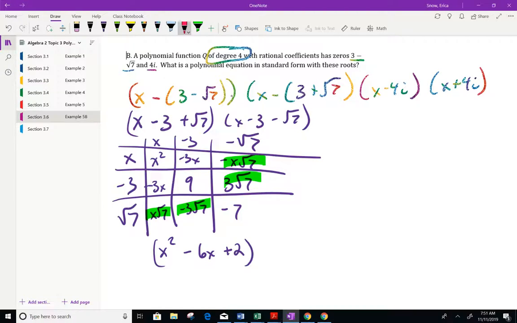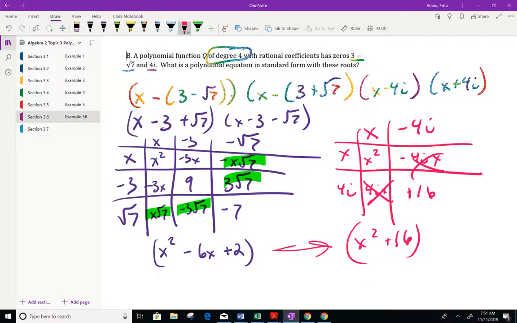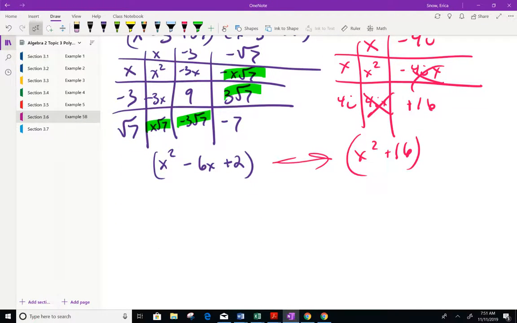And then over here, we're going to have x minus 4i, x plus 4i. We get x squared minus 4ix, plus 4ix, and 16. Those cancel, so we get x squared plus 16. And now we can multiply and find the product of these two polynomials.